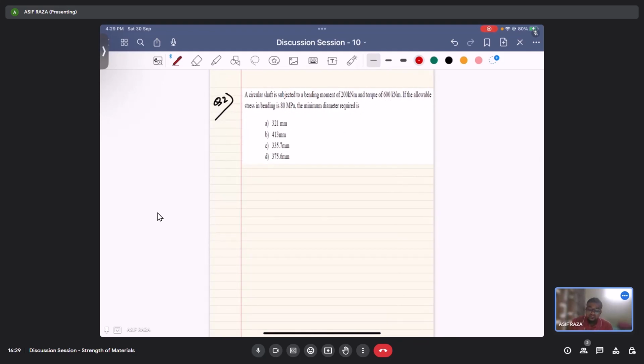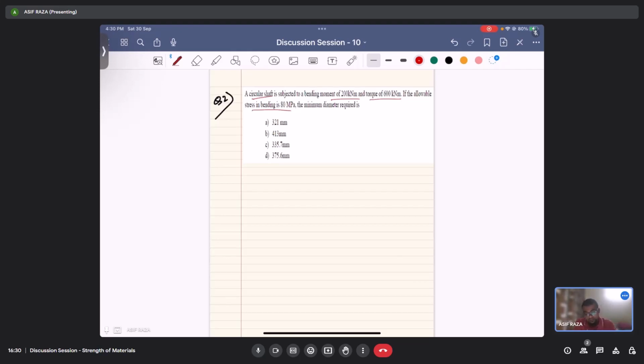The second question is, a circular shaft is subjected to a bending moment of 200 kN meter and a torque of 600 kN meter. If the allowable stress in bending is 80 megapascal, the minimum diameter required is, and the options are 321 mm, 413 mm, 335.7 mm, or 375.6 mm.